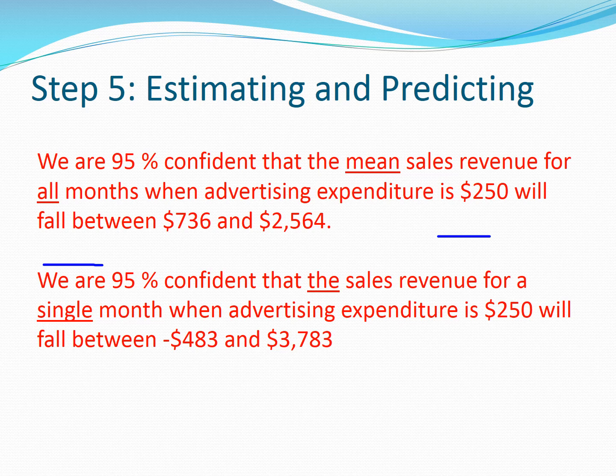We are 95% confident that the sales revenue for a single month when advertising expenditure is equal to $250 falls between, what did I say those numbers were, 0.4829, that's $483, and 3.7829, $3,783. Now, in this particular example, one of the things that's a little challenging, I tried to make the numbers easy.